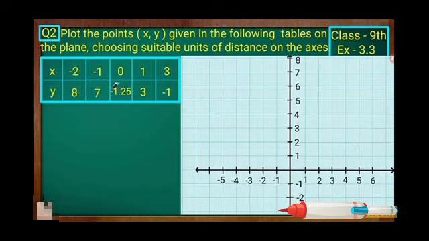First is -2 and 8. X is -2, y is 8. Yes, this is the first pair where x is -2 and y is 8.